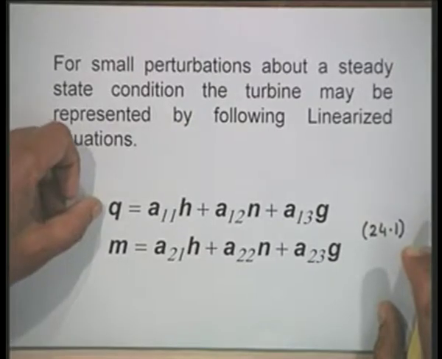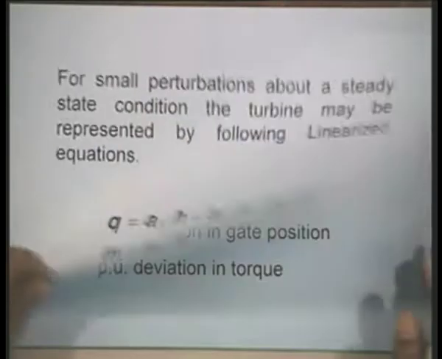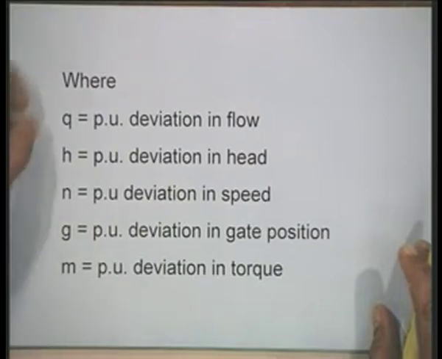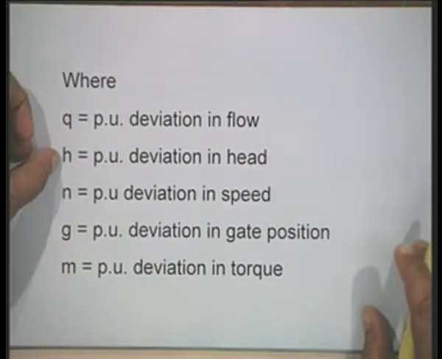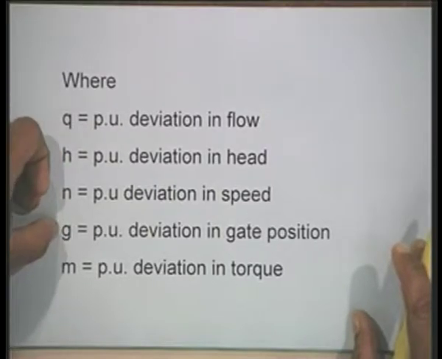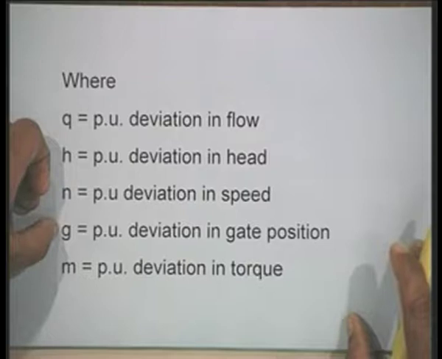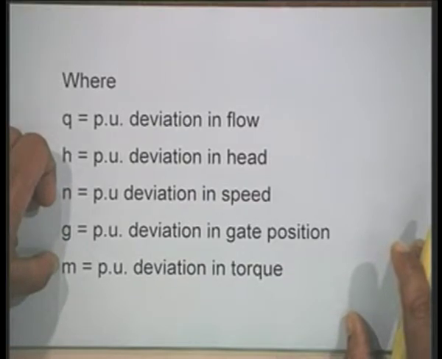Here, Q stands for per unit deviation in flow, H for per unit deviation in head, N is per unit deviation in speed, G is the per unit deviation in gate position, and M is the per unit deviation in torque.